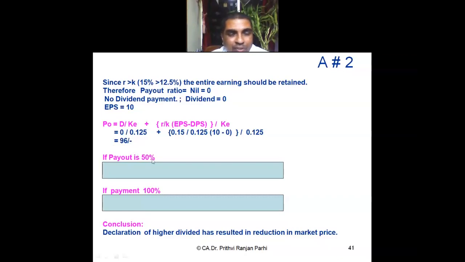Now see, what if the payout is 50%? 50% means EPS is 10, DPS will be 5, dividend will be 5.